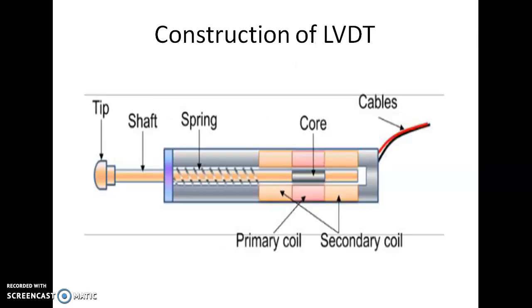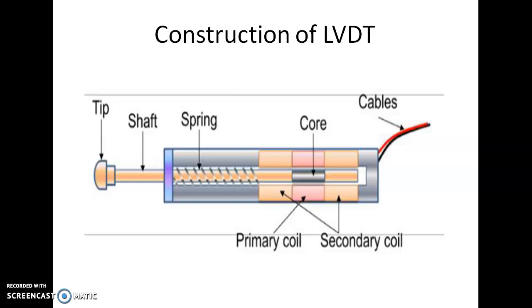Here we can see the construction of LVDT. There are 3 windings present inside this tube, connected in series: 2 secondary coils and 1 primary coil. The primary coil is fitted in between the 2 secondary coils. One magnetic core is present at the middle, which will move from one position to another, and it is connected to a spring.